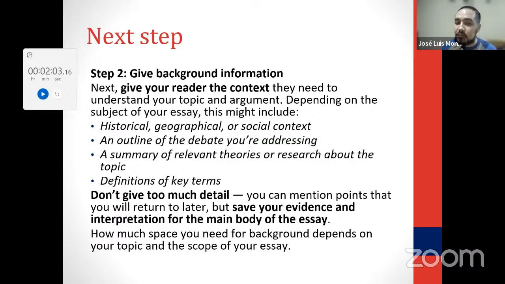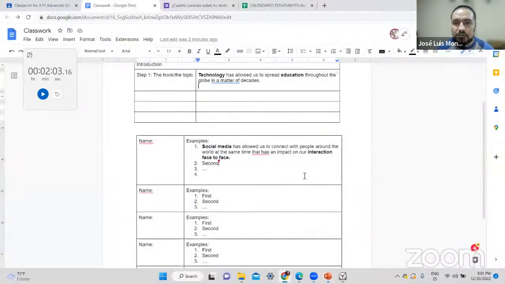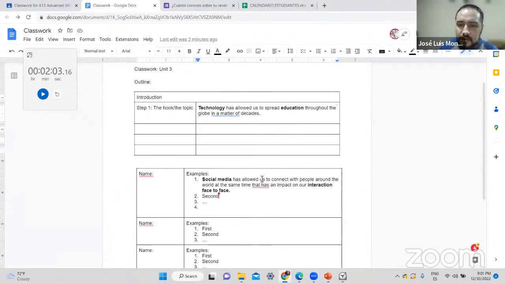And key terms, that's important. If you get to mention something, for example, here, I don't think we have words that are too specific. Here we don't, and here not as well. But if you use a word that is very specific to a field of study, that is not something that people know in general, you can clarify that definition in the next part. All right, so you have that option.